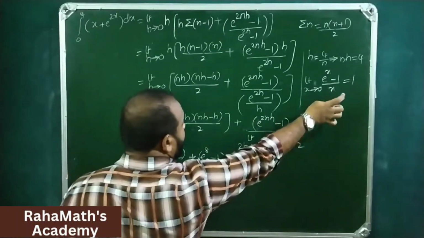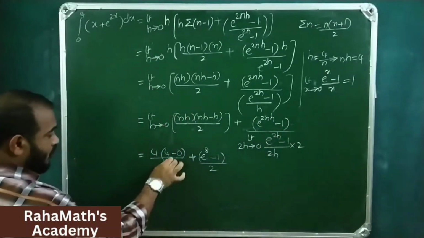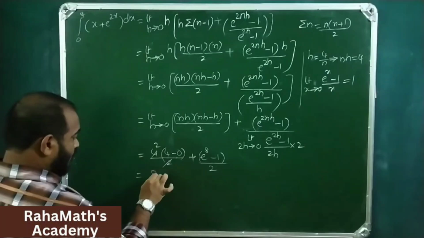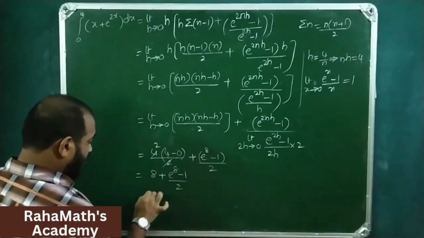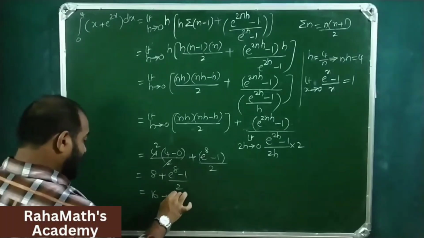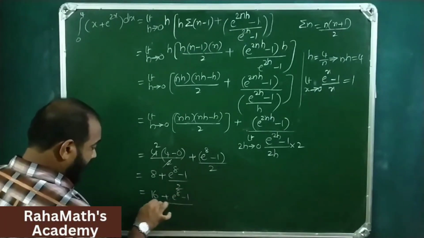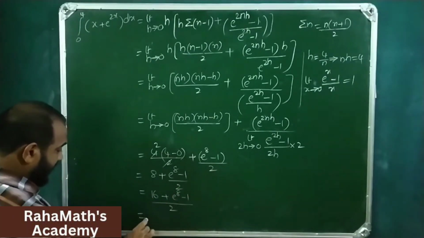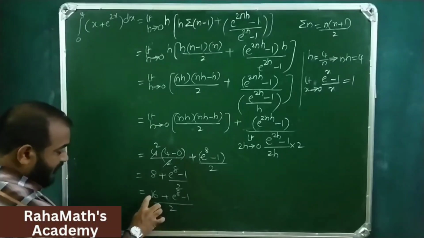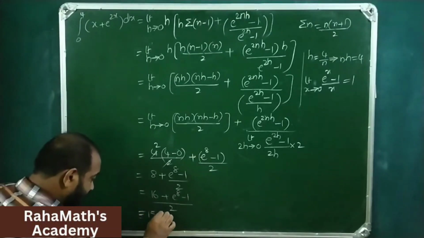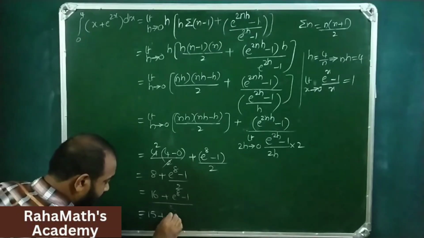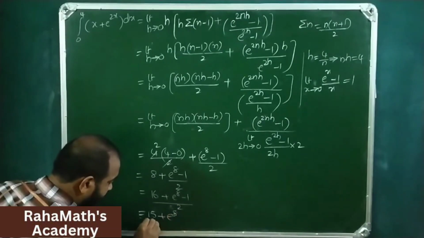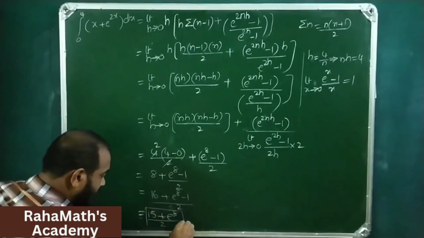This value is 1 according to this property into 2. So 2 times 2 4s are 8, e power 8 minus 1 by 2. 2 8s are 16 plus e power 8 minus 1 by 2. Answer is 16 minus 1. So 15 plus e power 8 by 2.